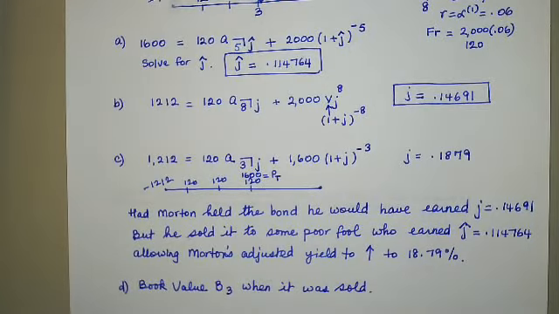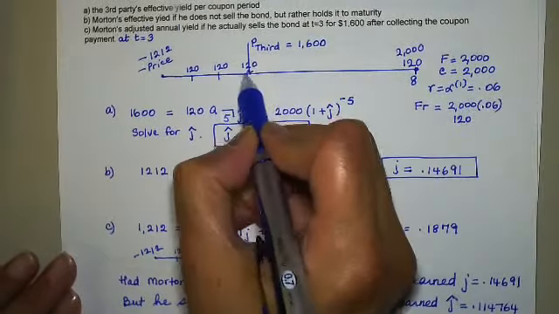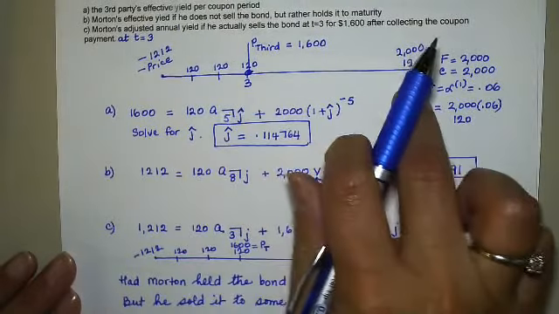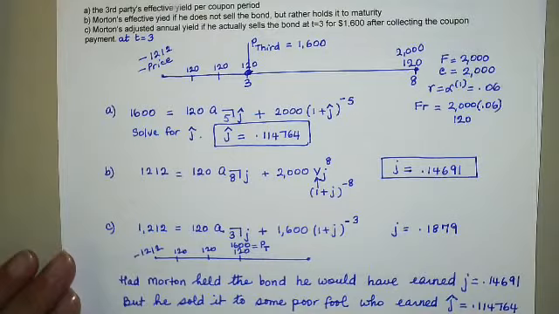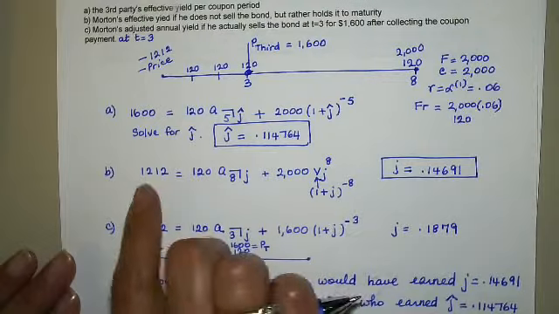How about this question? Find the book value B3 when it was sold. How should I do that?